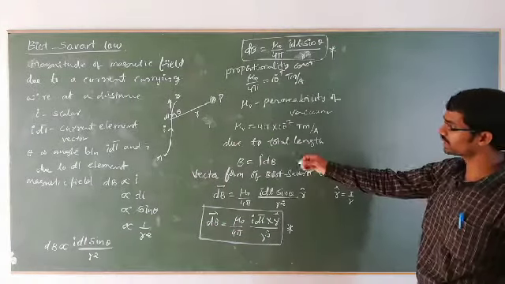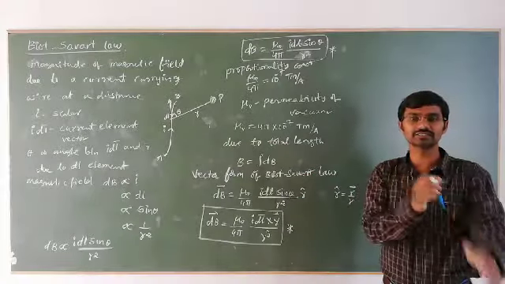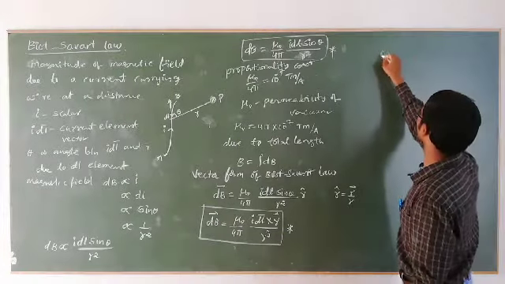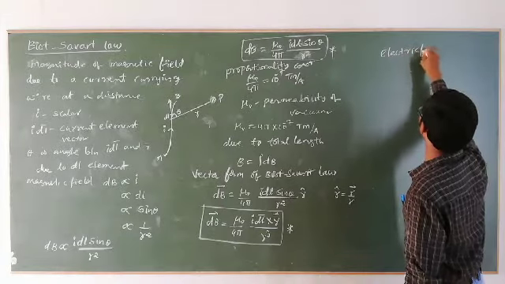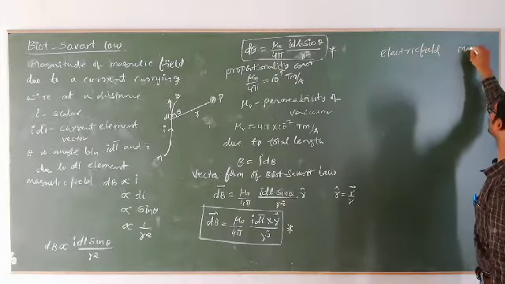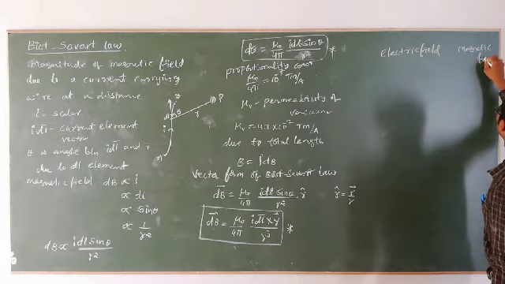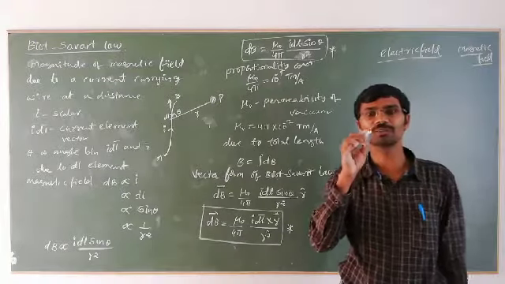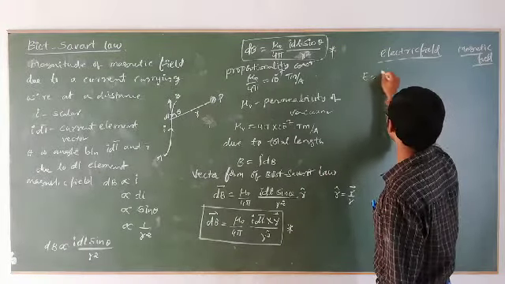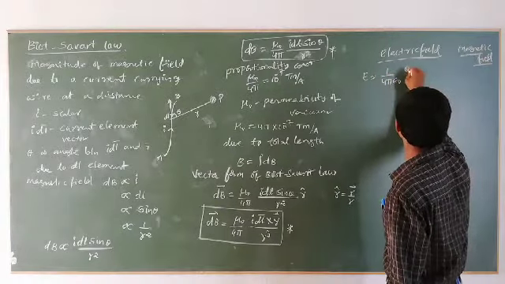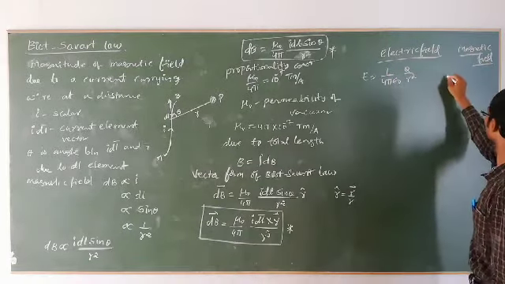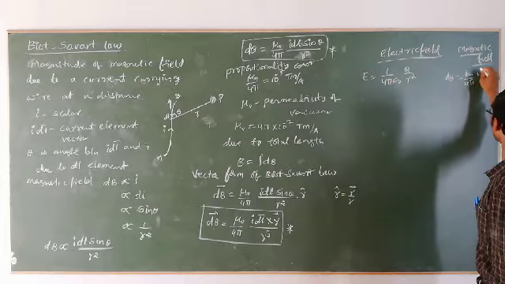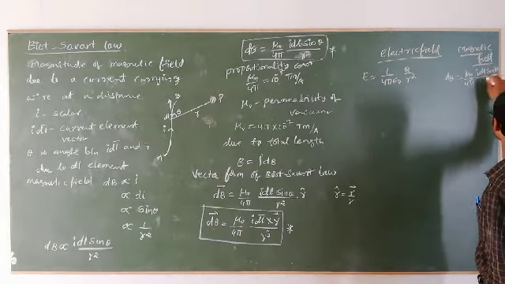And let me discuss the similarities and differences between the magnetic field and the electric field. We already know that the electric field due to a point charge is E equal to 1 by 4 pi epsilon naught Q by r square, whereas the magnetic field is dB equal to mu naught by 4 pi I dl sin theta by r square.